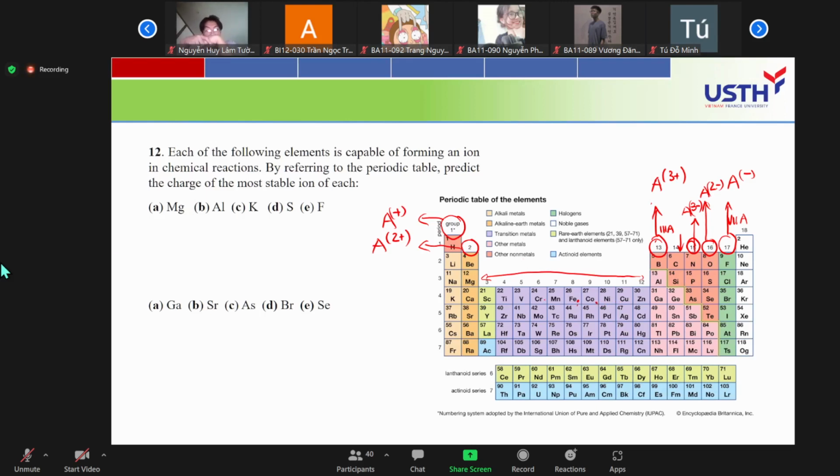For chromium you have chromium 2, 3, 4, 6. So many. So at this moment, let's skip the transition metals. Let's understand about 3 groups of metals, 1, 2, 3, and 3 groups of non-metals, 5, 6, 7.